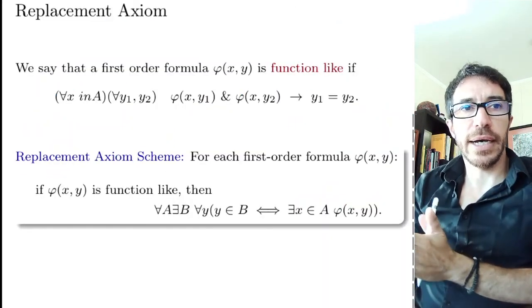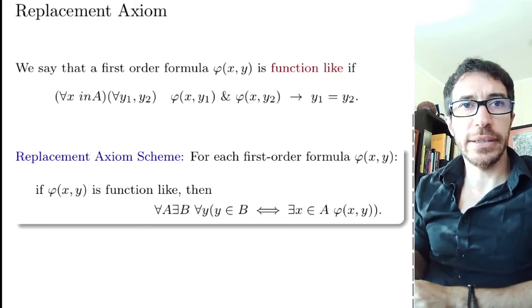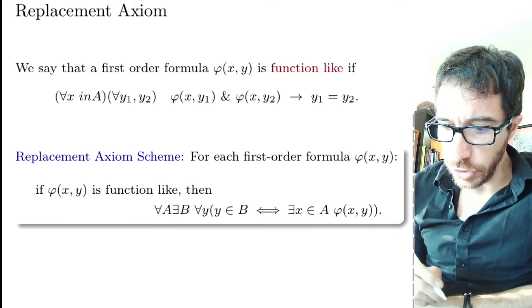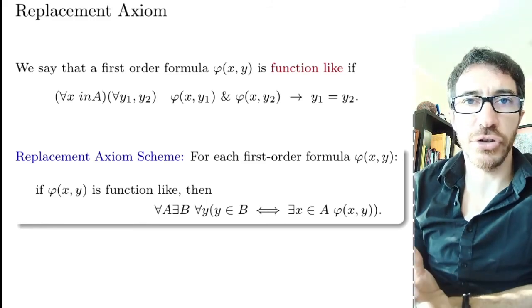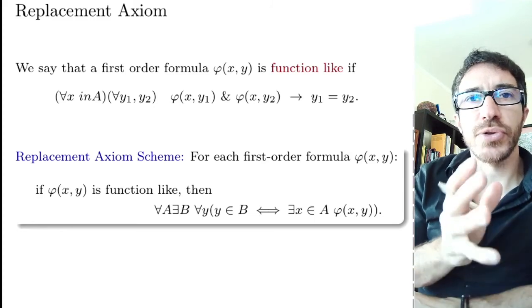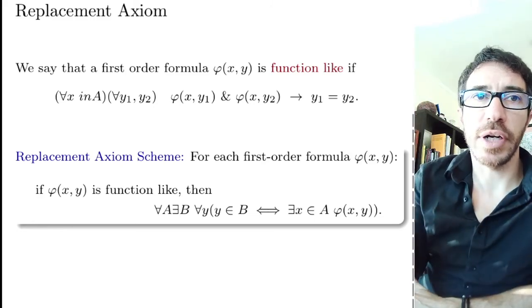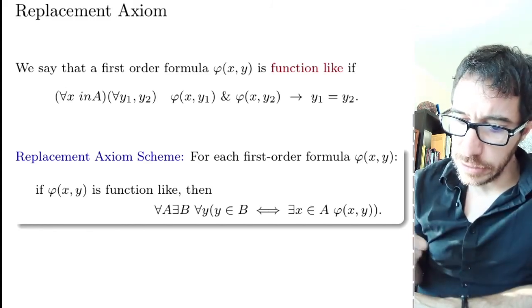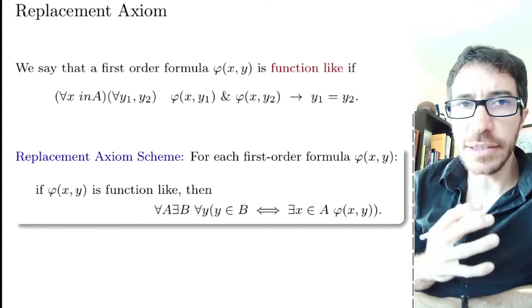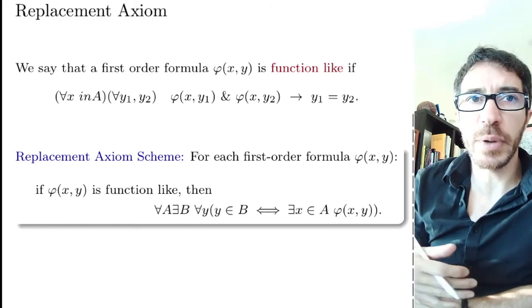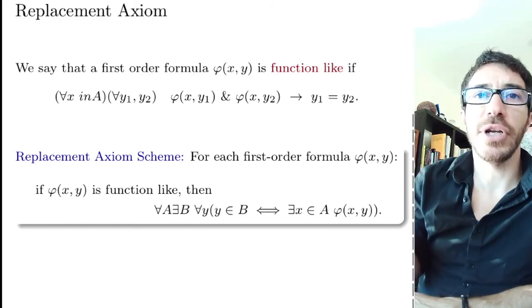Before stating the axiom, we need this definition. Suppose you're given a formula phi of first order logic in the language of set theory, and it has two free variables, x and y. If the formula satisfies the following property, we're going to say the formula is function-like.